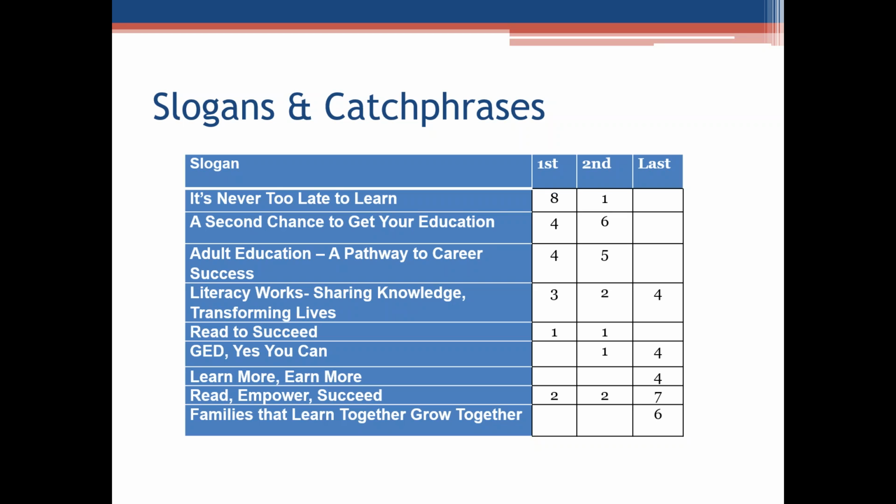"A second chance to get your education," also pretty good, and that didn't bode well in our poll here. "Adult education, a pathway to career success," sort of a little bit middle of the pack there, and it was sort of that here on the poll that you all did too. It's interesting that "learn more, earn more," a phrase that we had used for our hotline promotion, didn't test well.